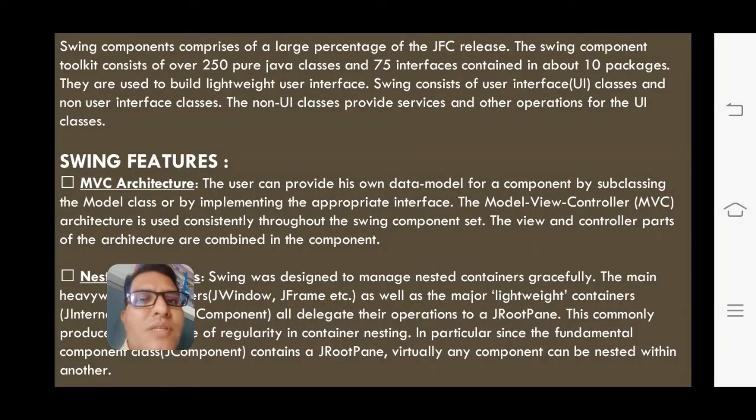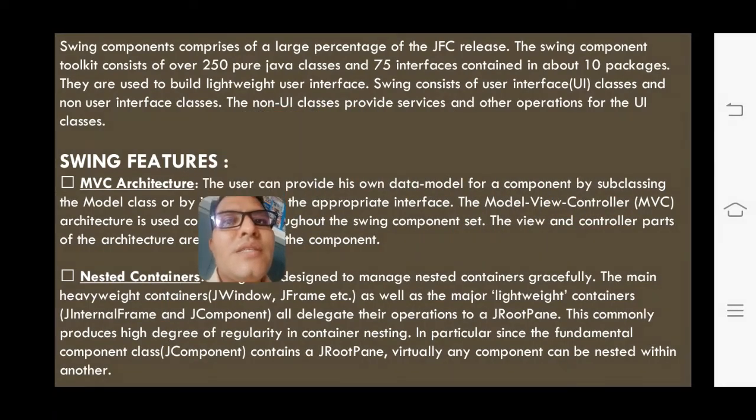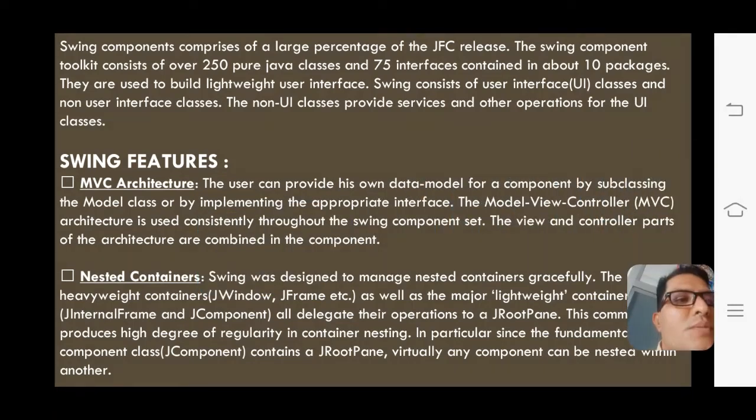Now we will see the features of Swing. Before that, let us see that Swing components consist of a large percentage of JFC classes. This Swing component toolkit contains over 250 pure Java classes. So this Swing component has been developed by using 250 pure Java classes and 75 interfaces.